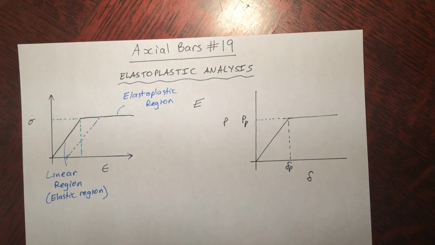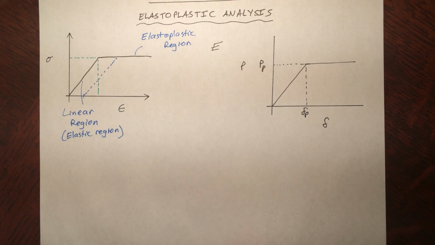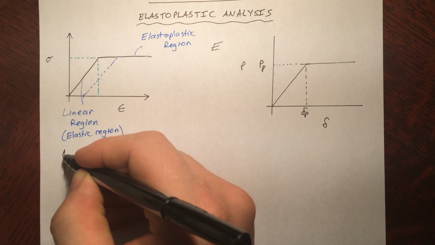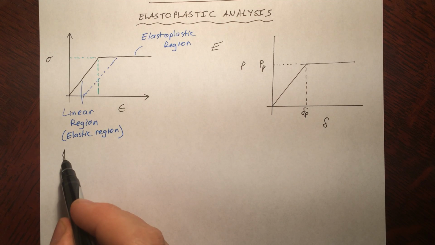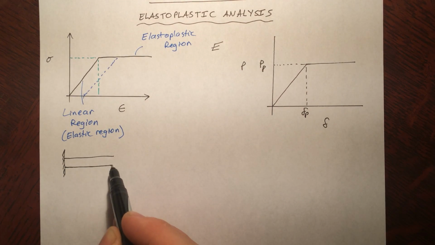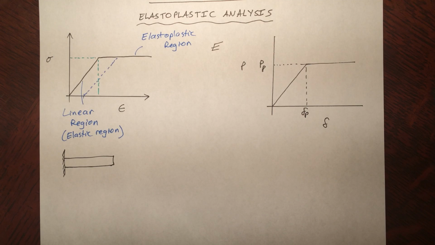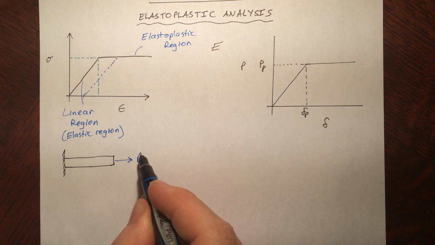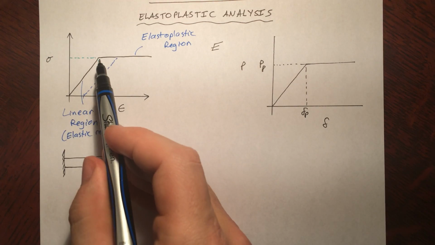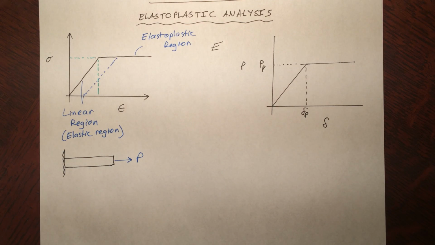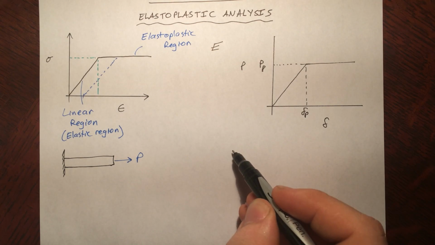So you can imagine you could find this behavior to happen in a straightforward situation. You have a bar, you're pulling on it, P. At some point, bang, it's going to go into this region. But if you have something that's statically indeterminate, you can imagine something like this.